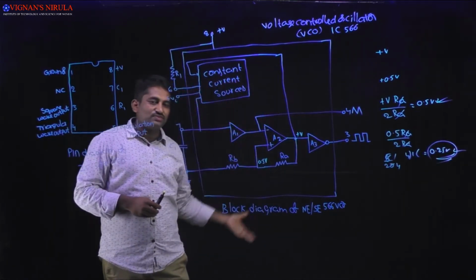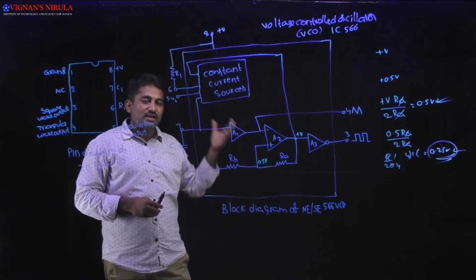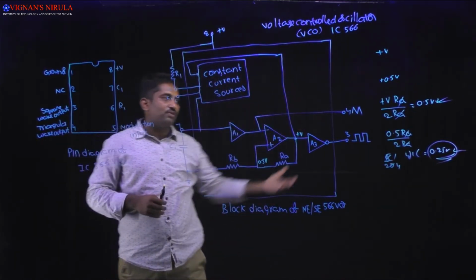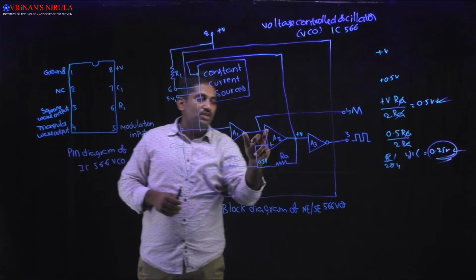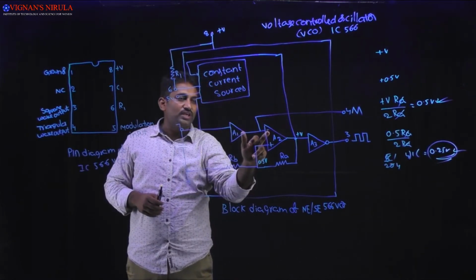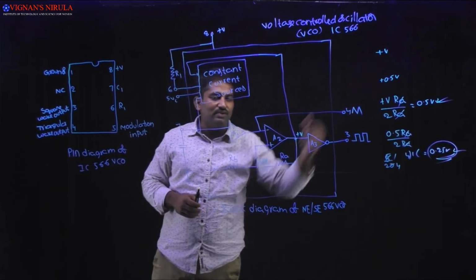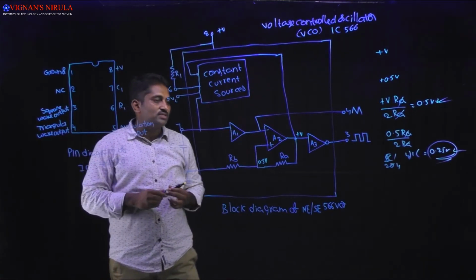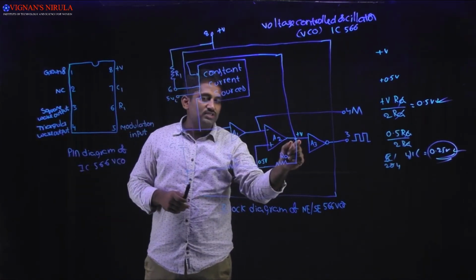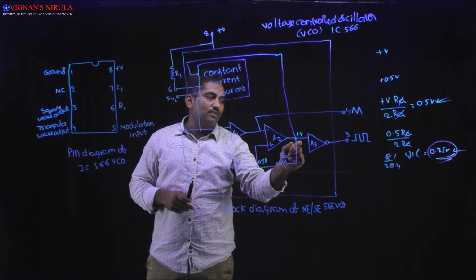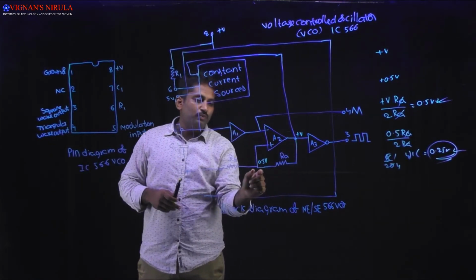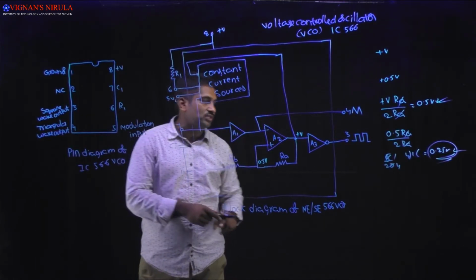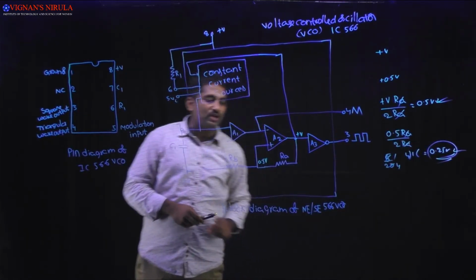Because minus Vsat will be generated here. My plus Vsat is taken as plus V, and minus Vsat is considered as 0.5 volts. If the inverting input voltage is high, then obviously I will get the output voltage as 0.5 volts. Once my output is 0.5 volts, the input voltage at the non-inverting input of the Schmitt trigger is 0.25 volts.